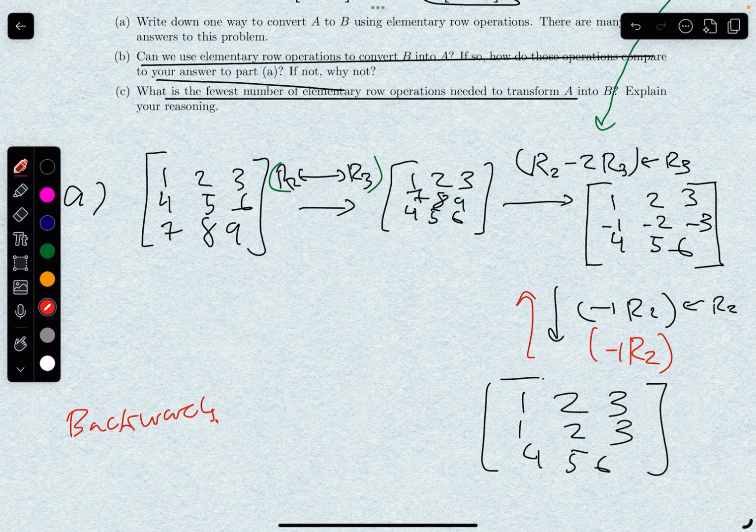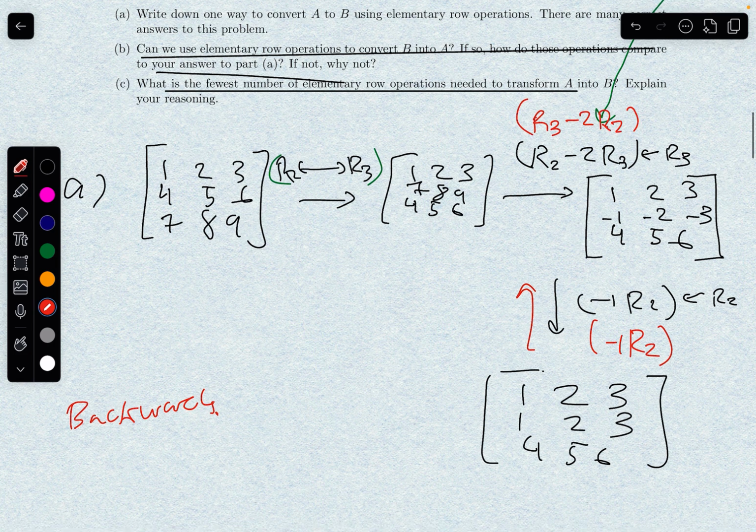On here, instead of that, sorry, in this scenario, we would have to do something along the lines of R3 minus 2R2. So R3 minus 2R2, right?